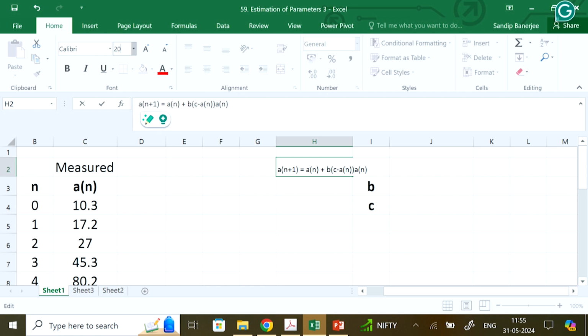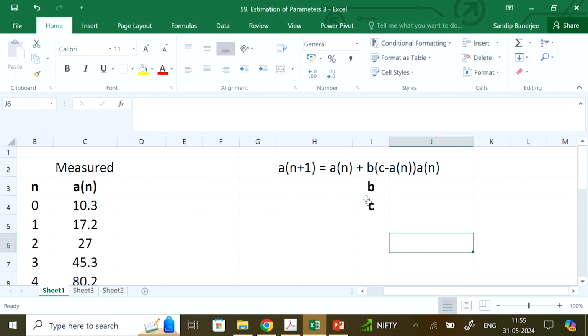I just make this font 20. So, this is the equation. B and C are the unknown parameters.